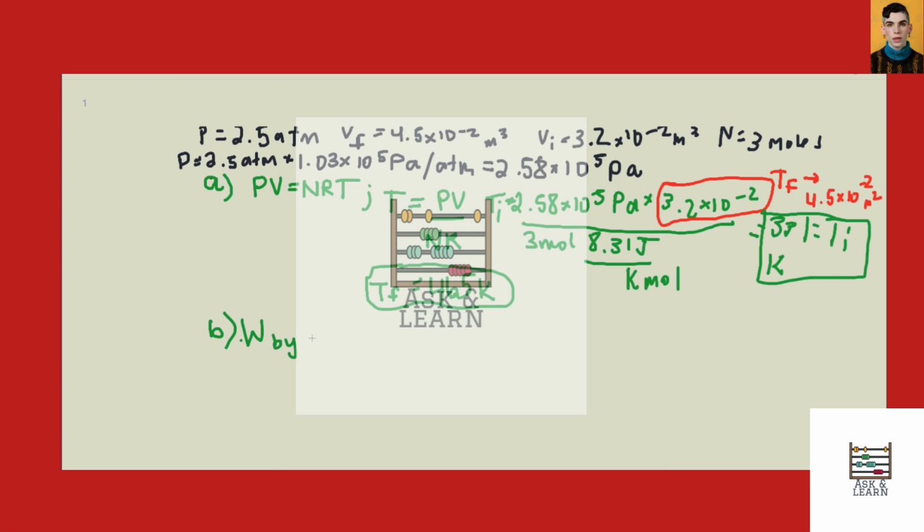And since P is constant, it's just going to be P delta V. So that's equal to the pressure, which was 2.58 times 10 to the 5 pascals, times 4.5 times 10 to the minus 2 minus 3.2 times 10 to the minus 2.